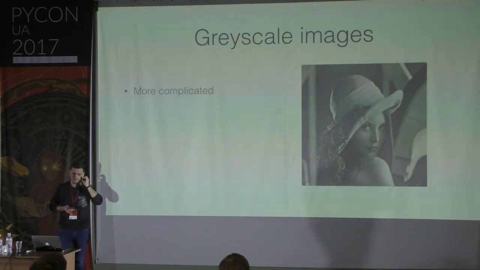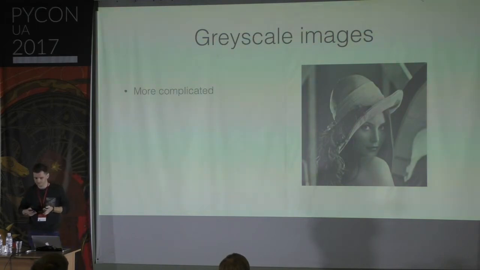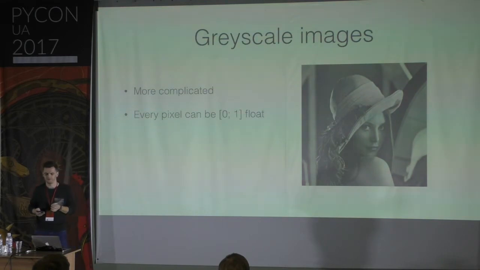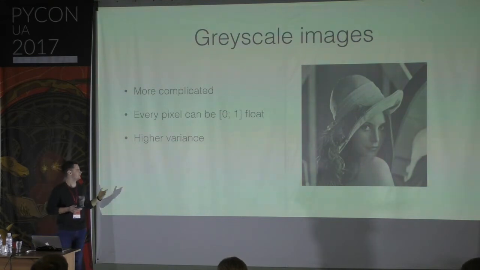It's more complicated in the sense that instead of 0s and 1s, we now have float values. Every pixel can be from 0 to 1, or from 0 to 255, depending on the implementation. And because there are many more options of color intensity, it captures much more of the variance of the object.